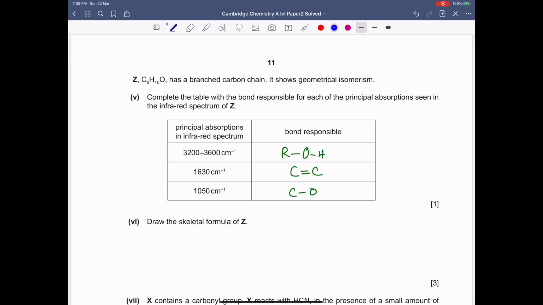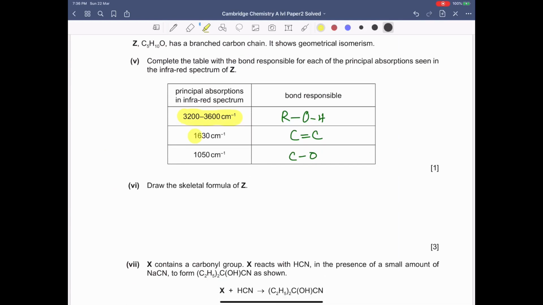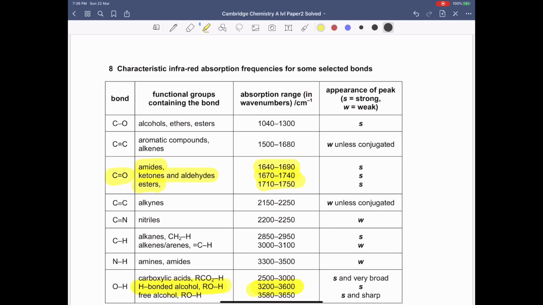Z, C5H10O, has a branched carbon chain. It shows geometrical isomerism. Complete the table with the bond responsible for each of the principal absorptions seen in the infrared spectrum of Z. So between 3200 and 3600, as we can see, we have a hydrogen bonded alcohol. 1630 cm⁻¹ is carbon-carbon double bond.